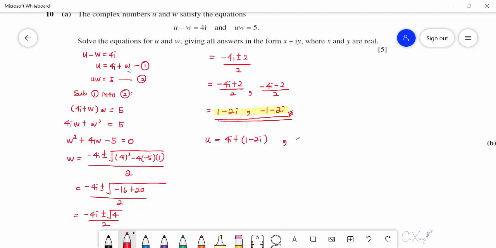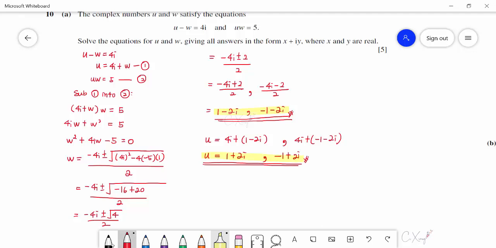Another set of answer will be 4i plus negative 1 minus 2i. So what is your value of u here? It will be 1 plus 2i, and another one will be negative 1 plus 2i. So this is the answer for u, which is a complex number.